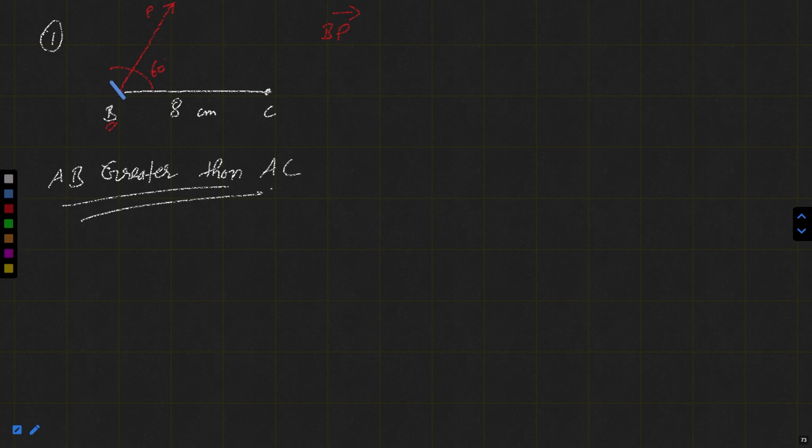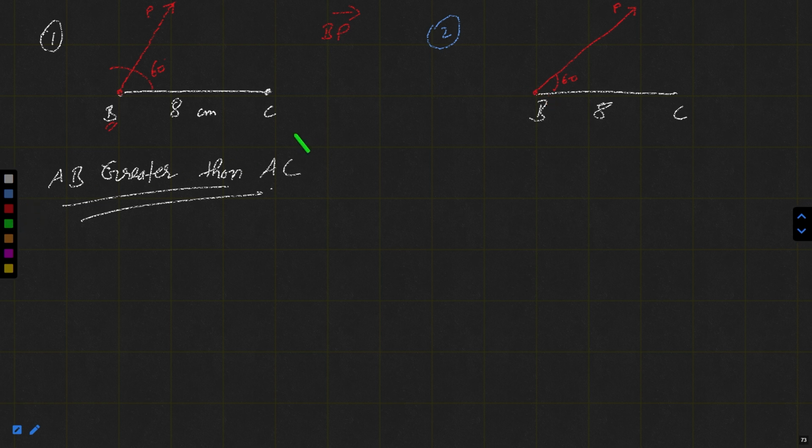Now in the second step, let me redraw them so that you can easily understand what is happening in each step. So the angle at B towards P here is 60 degrees.